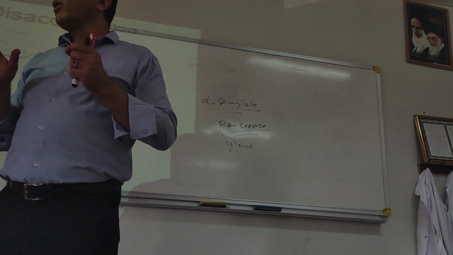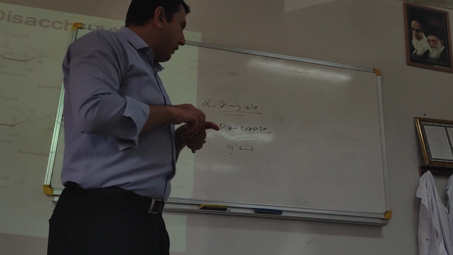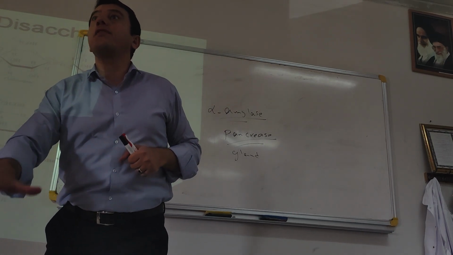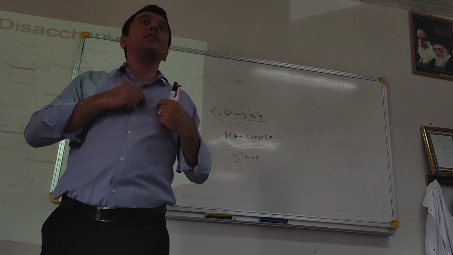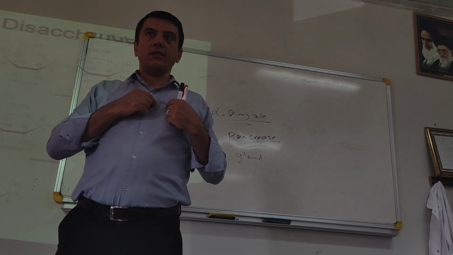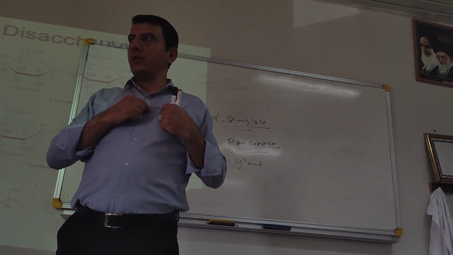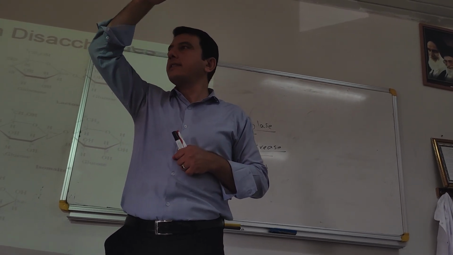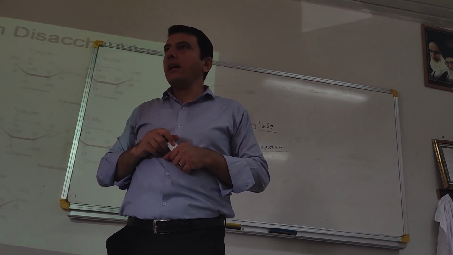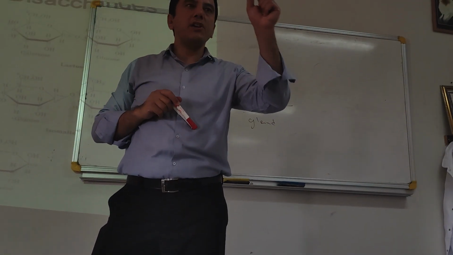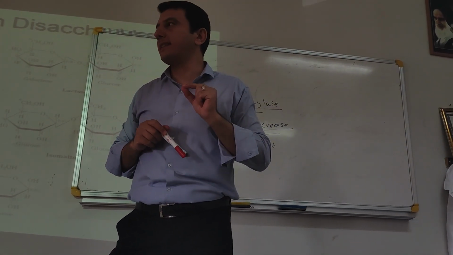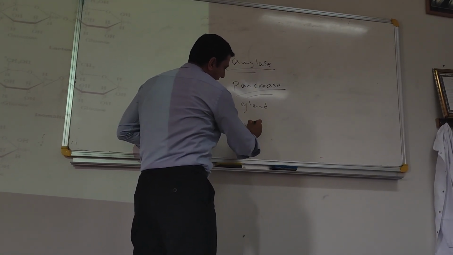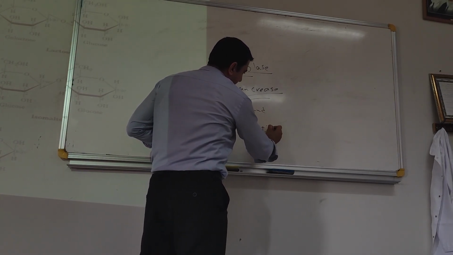So there should be no or a very low level of alpha amylase in your blood. If the level of alpha amylase rises in your blood, it means that your patient has a disease named pancreatitis.